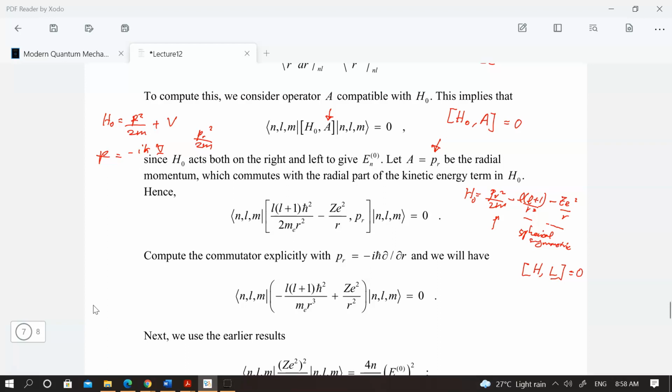In other words, despite that your P_r doesn't commute with these terms over here, we know that due to the spherically symmetric potential, your L commutes with H, and that will also say that your P_r will also commute with H or H naught. So you still have this part equal to 0.